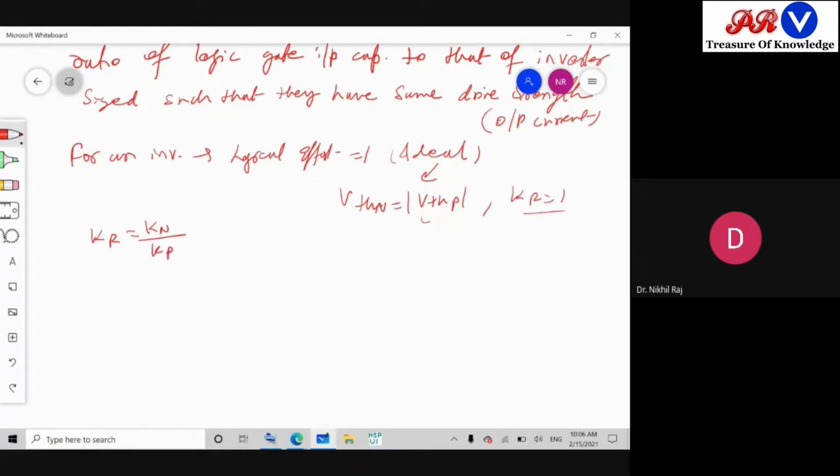So KR was given by Kn by Kp, and this Kn is nothing but mu n Cox W by L of NMOS by mu p Cox W by L of PMOS. So forcing KR equals 1, and Cox will be the same. So let us assume that the mobility of NMOS is twice the mobility of PMOS.